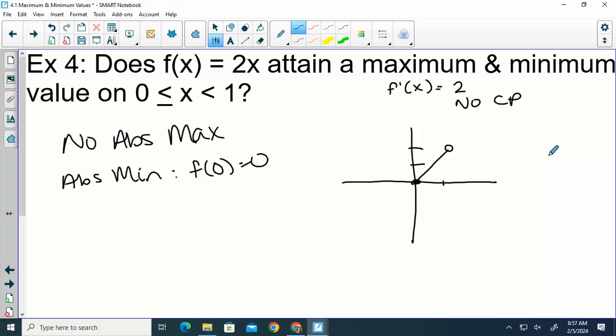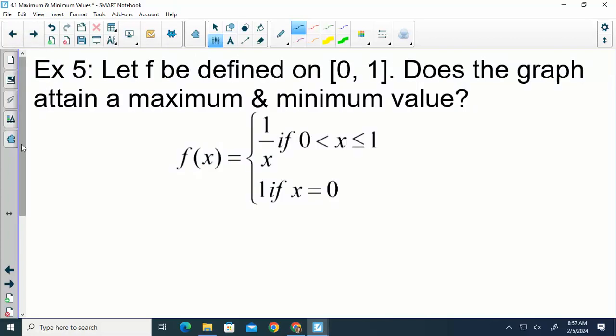All right, so I wanted to kind of go back and hit some of the weird scenarios. So this is one of them, when we had an open interval. The next one I wanted to look at was a piecewise function. So remember, we had our critical numbers were places that we could have a max or a min.